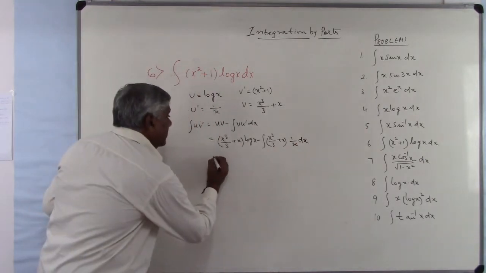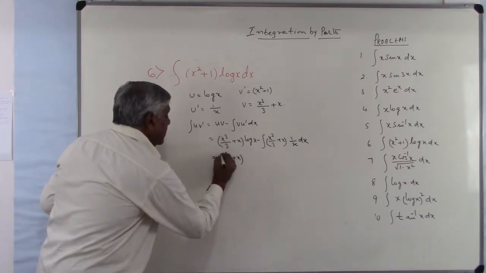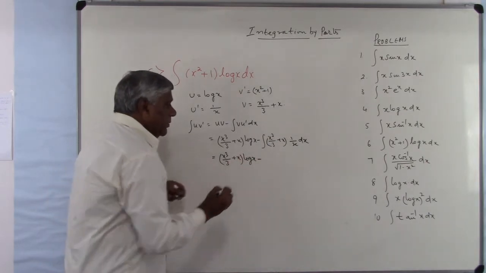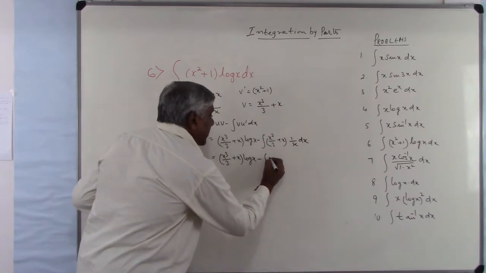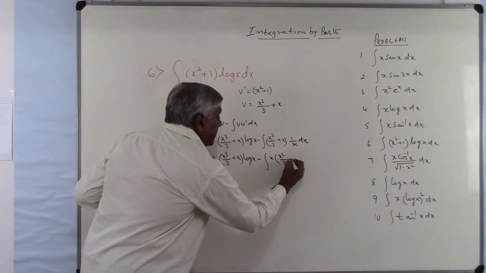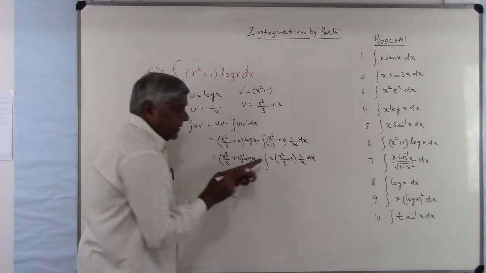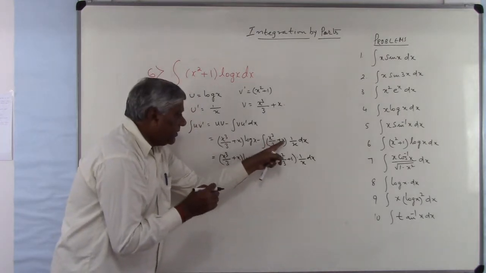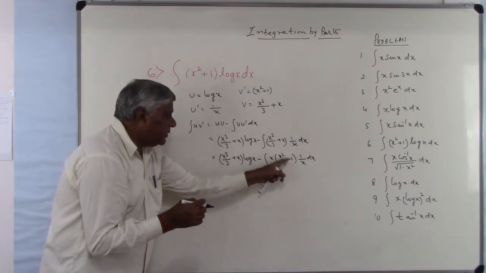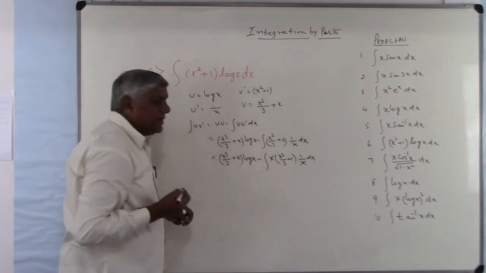Now this is equal to x cubed by 3 plus x into log x minus, now I am going to take x as common here, x into x square by 3 plus 1, into 1 by x dx. Are you following here? You can see here I have taken x common: x square by 3, x into x square is x cube, x into 1 is x, you get. So now this x and this x get cancelled.